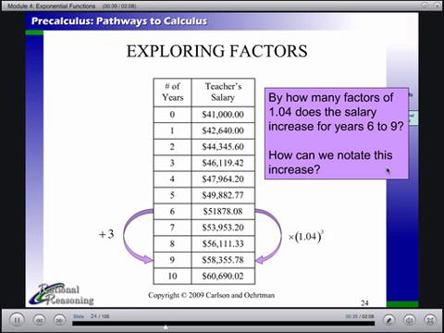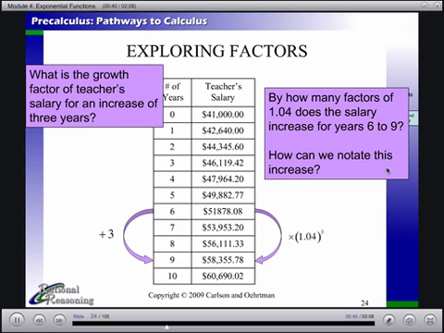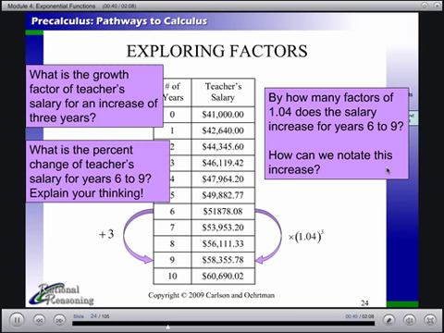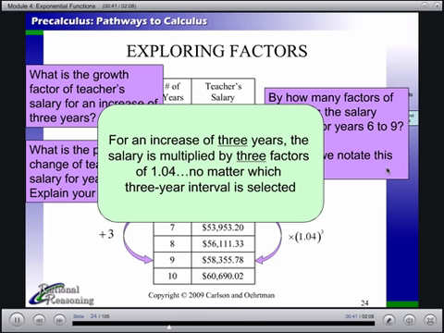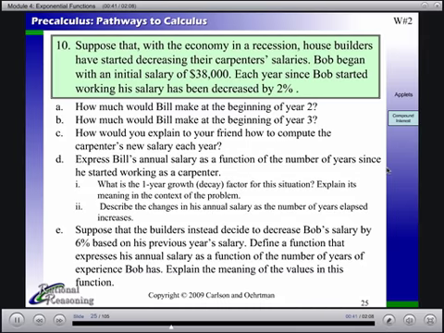So just like the growth factor stays the same, the 3-unit growth factor will stay the same because it will always be 3 1.04s multiplied together, no matter what year you start in. So for an increase of 3 years, the salary is multiplied by 3 factors of 1.04, no matter what 3-year interval is selected. Doesn't matter.